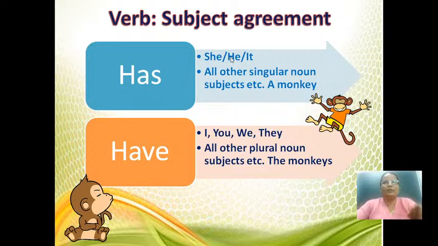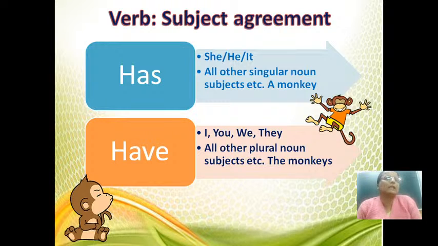In the same way we can make sentences with he has. Same way we can make sentences with it has. Okay. It means an animal or an object. All other singular nouns means it can be any other singular noun. For example, Arun has a motorcycle.